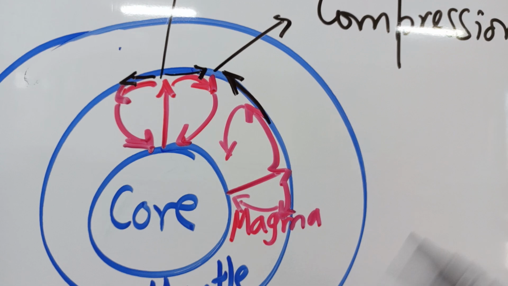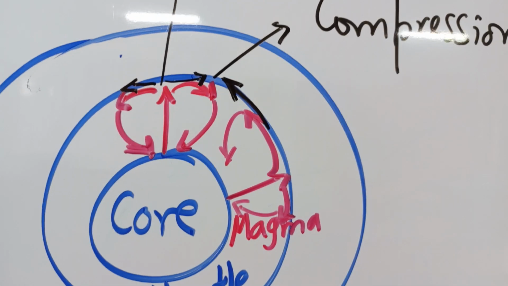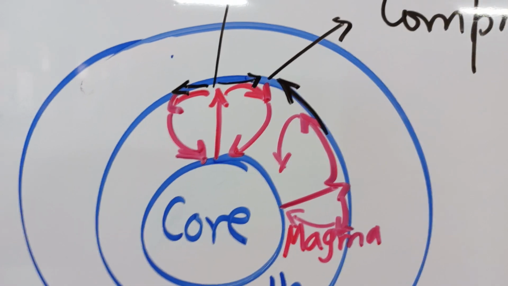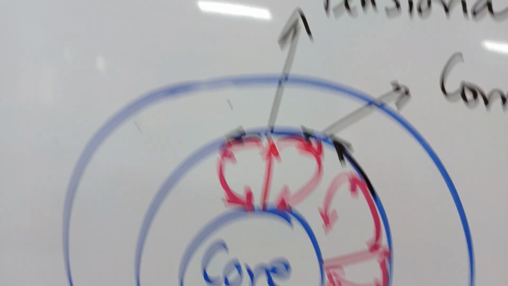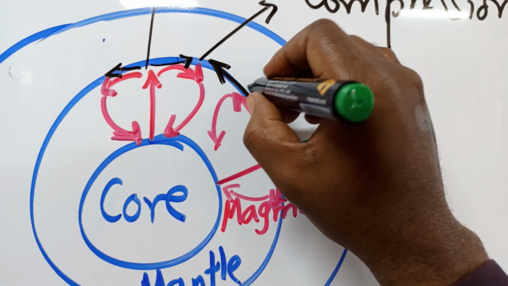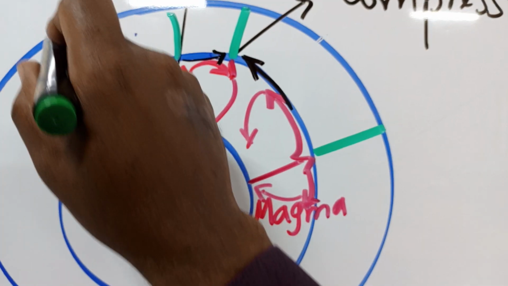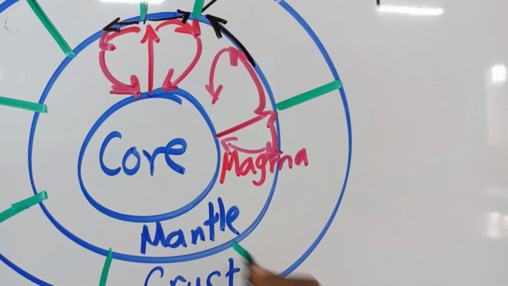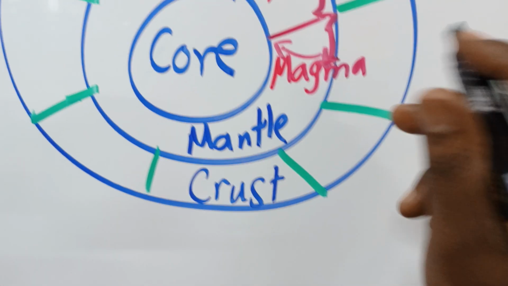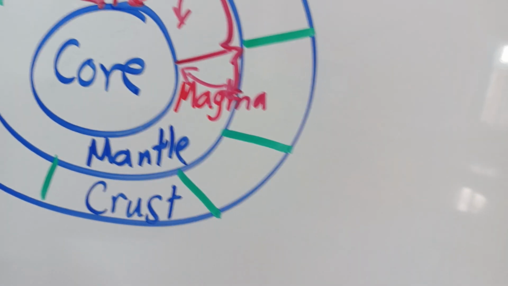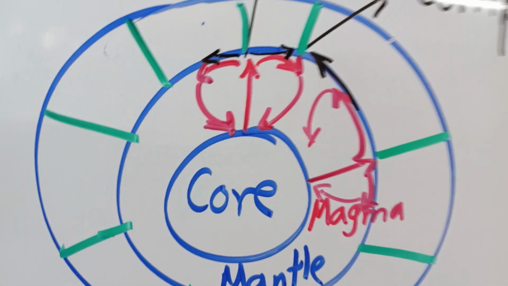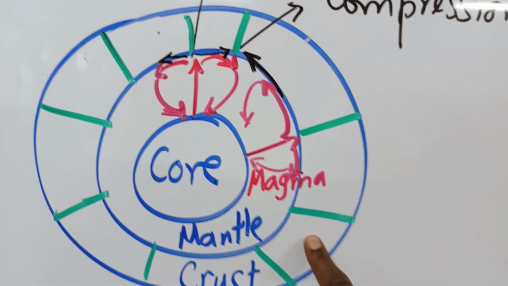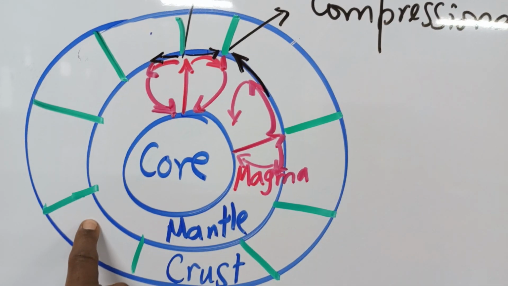And remember, this crust is not unique. It is not whole. It is made of many small parts that we call plates. So if I can try to draw them, it's like here, like this, like this, like this, like this. So different blocks making the crust. And so this is one plate, this is another plate, and another plate.